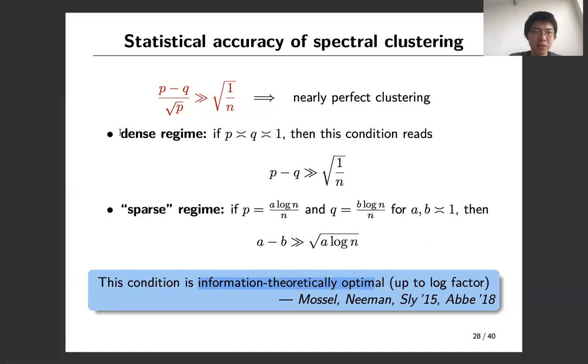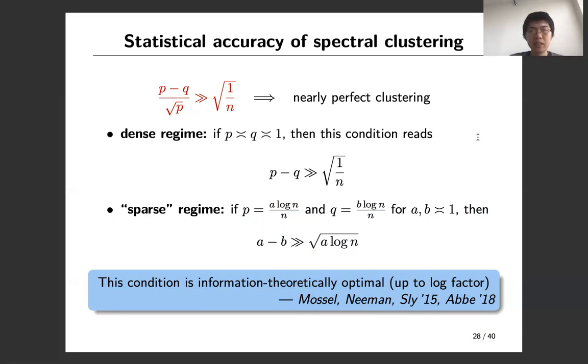Both in the dense regime, that means if P and Q are on the order of 1, and in the sparse regime where P and Q are both vanishingly small, on the order of log n over n. This showcases the strong performance guarantees of spectral method in terms of almost exact recovery.